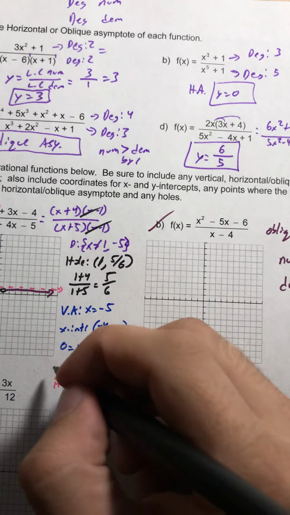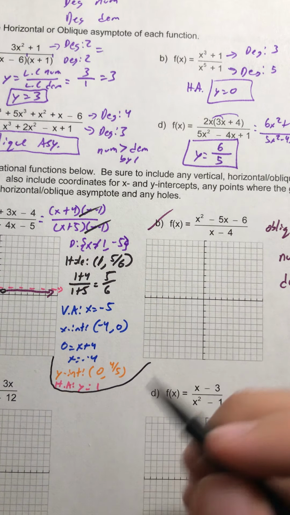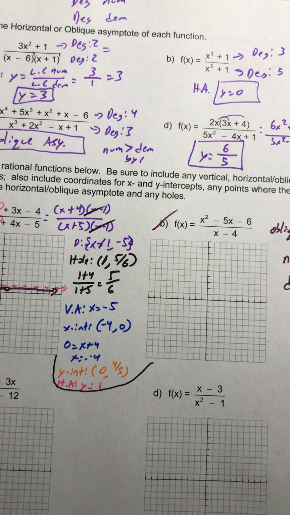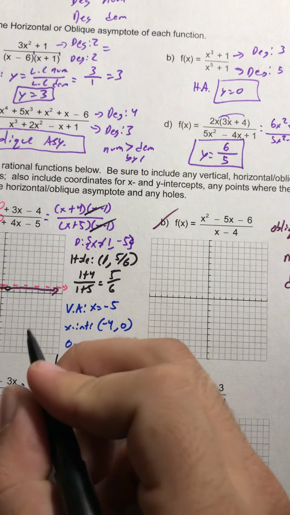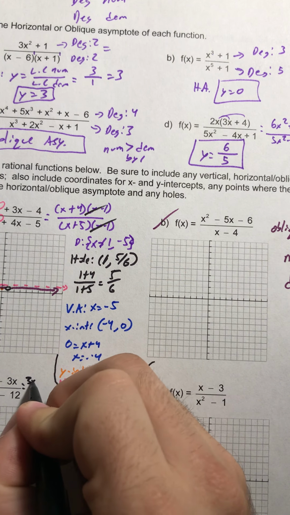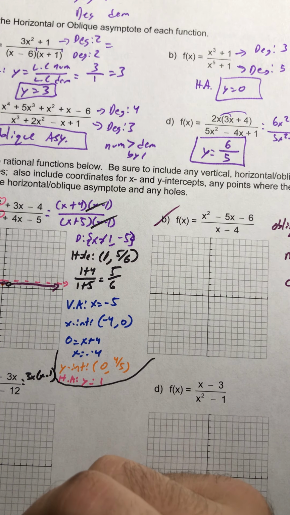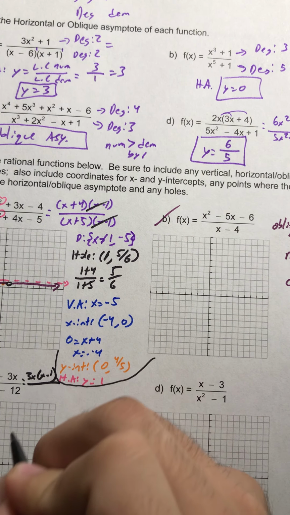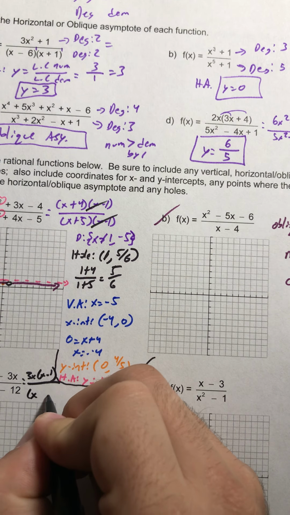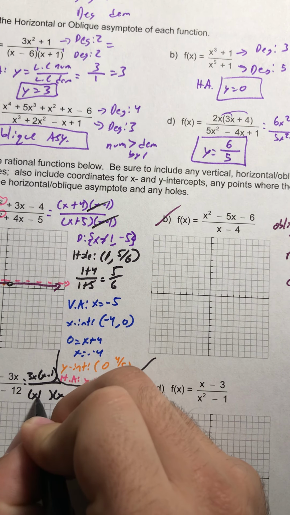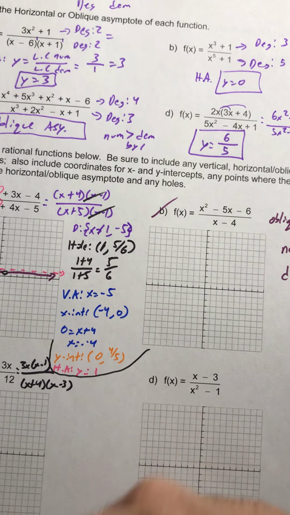This information is up above. First thing I'm going to look for is a GCF here. I can pull out a 3x. I'm left over with x minus 1. The denominator I'm going to factor as x plus 4, x minus 3.